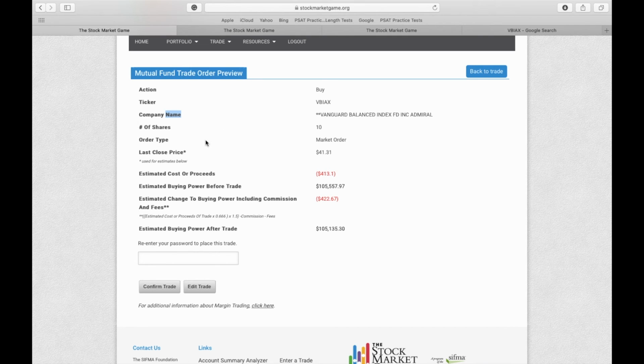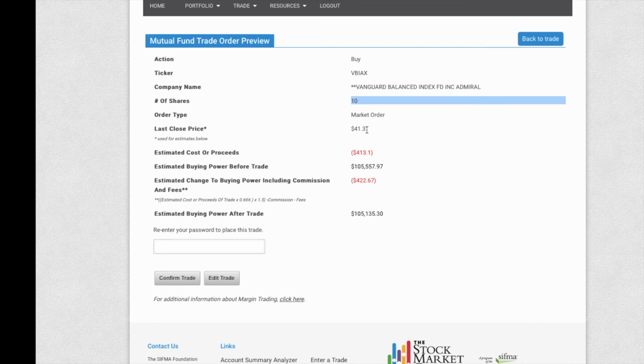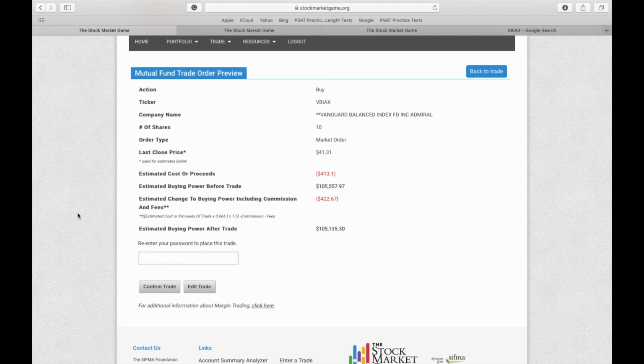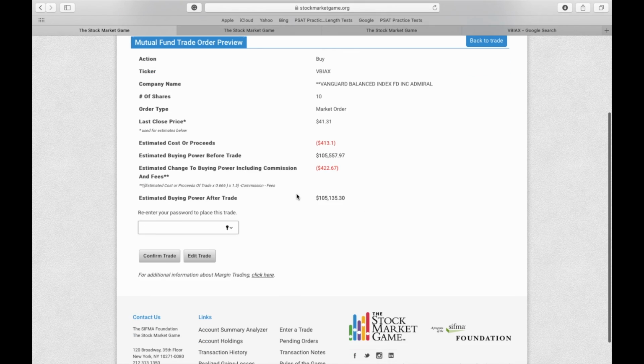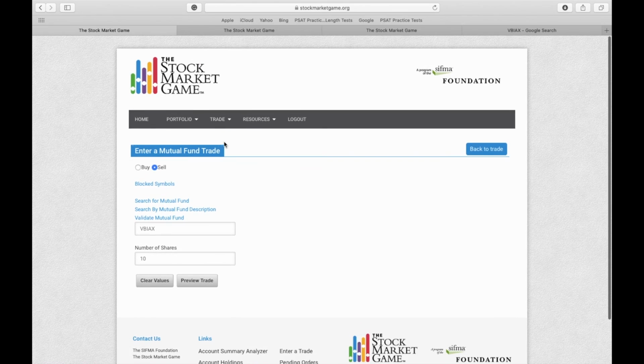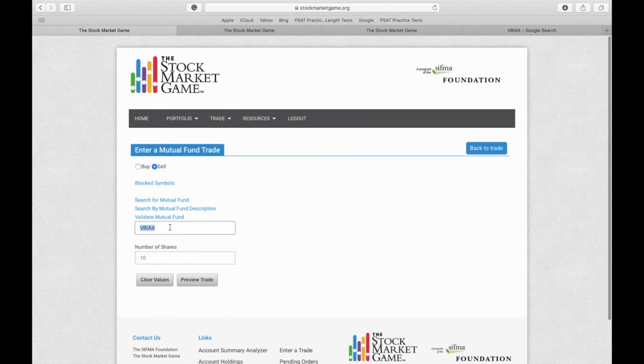And then it gives us the number of shares, the last close price, which as you can see is identical to the one we just saw, which is $41.31. The estimated cost or proceeds, buying power before trade, after trade, and the cost with commission and fees. And then you just have to put in your password again to place the trade, and then you can confirm the trade, or you can go back and edit it. And again, you can do the same thing with selling once you've bought the mutual fund.